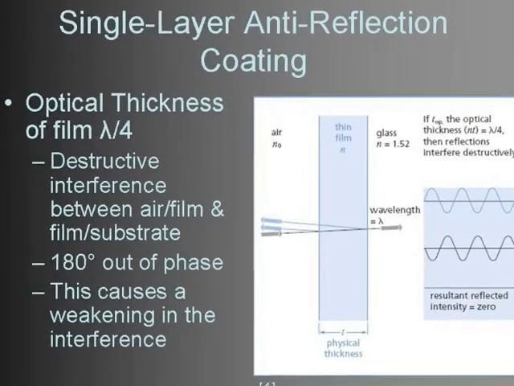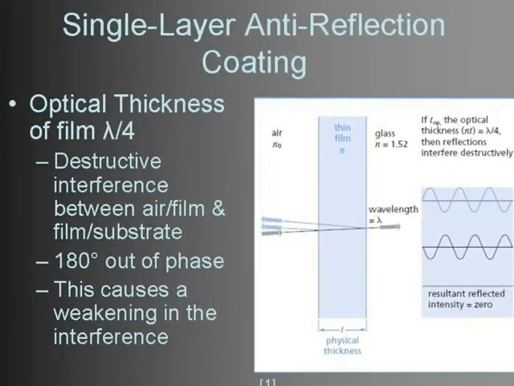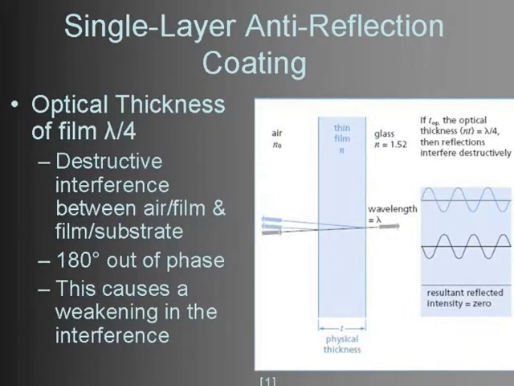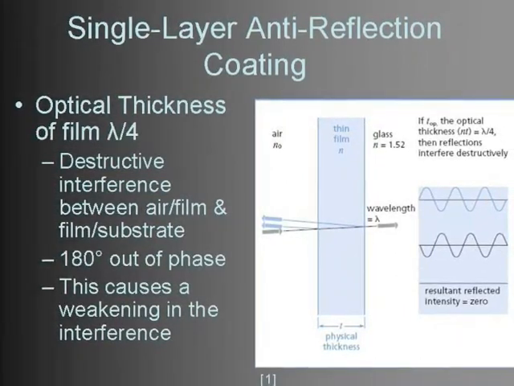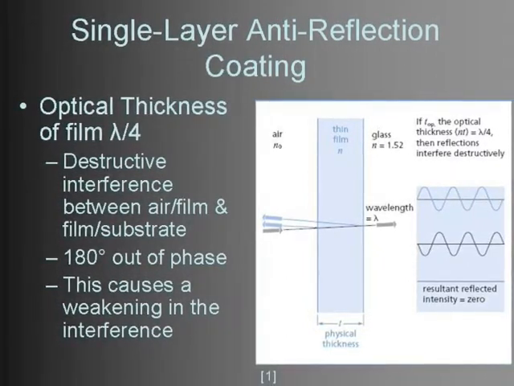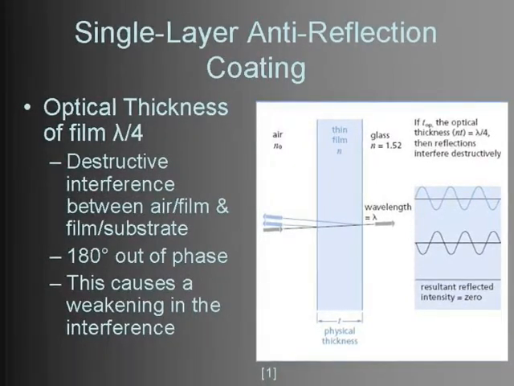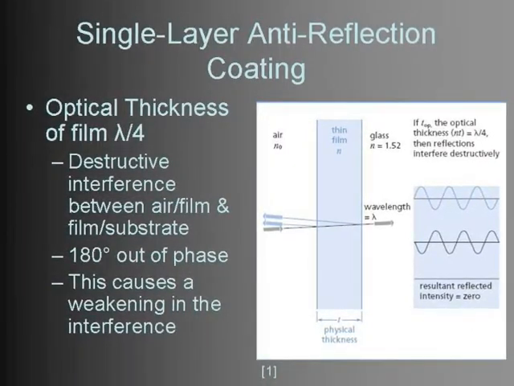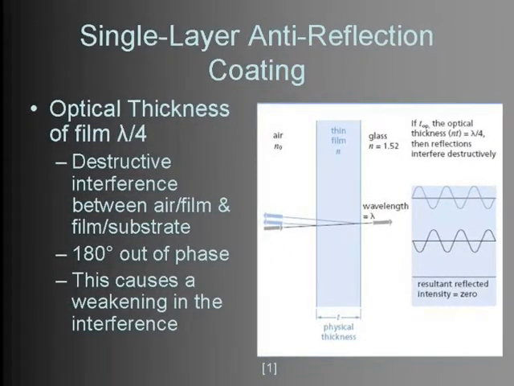The idea behind this is again to make use of destructive interference to eliminate reflected light. At the first surface, the air-film boundary, we have a reflection, and a second reflection at the second surface, the film-substrate boundary, which is out of phase by 180 degrees or pi radians. Therefore, destructive interference will take place and eliminate reflections of that coated surface.